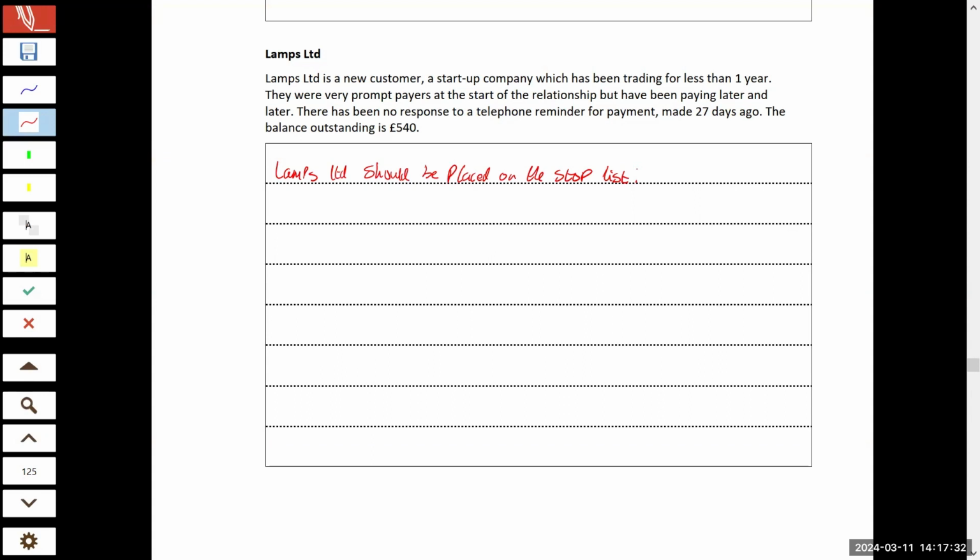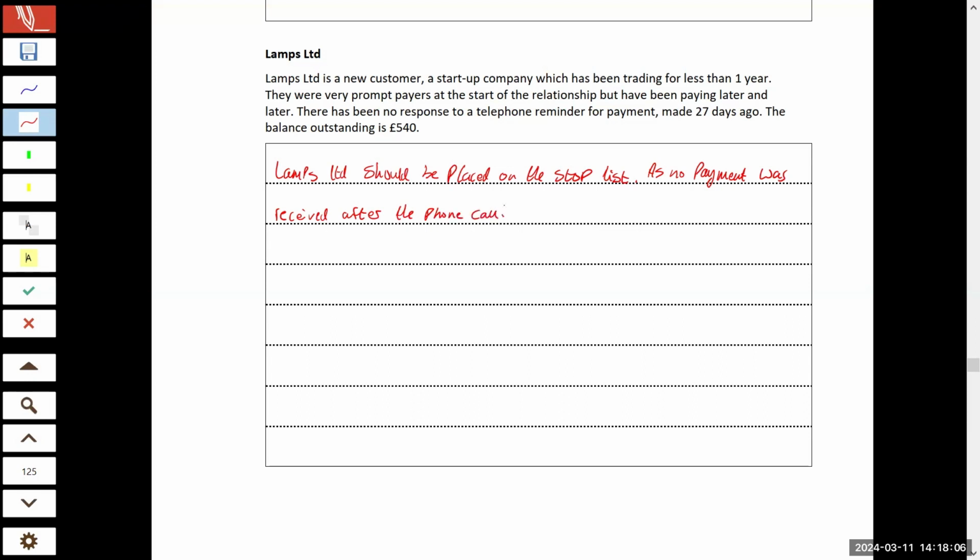That means that any further orders will not be released until we are satisfied that the previous debt of £540 has been paid. Okay, you can even say something along the lines of, as no payment was received after the phone call that was chasing it.